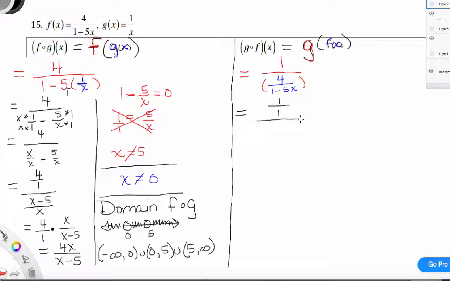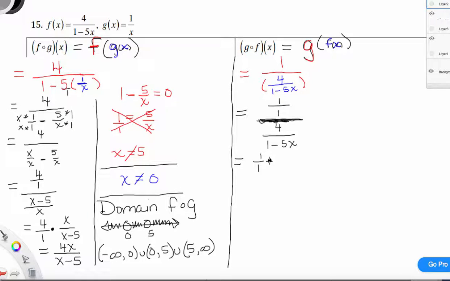Then for g of f, I'm going to take my 1 and turn it into a fraction. And then I end up having a fraction divided by a fraction. And when you have a fraction divided by another fraction, you are going to invert and multiply. So I take my 1 over 1, write it down.